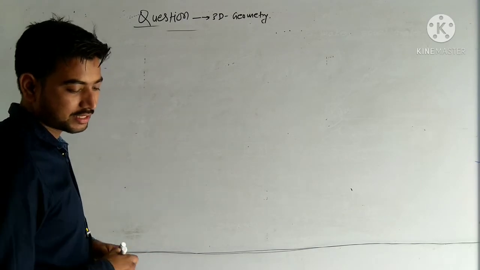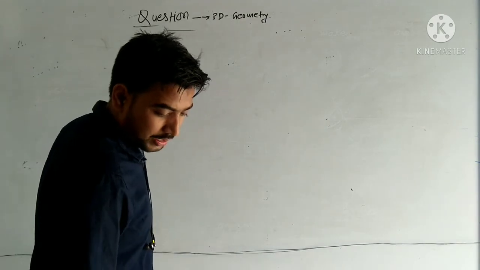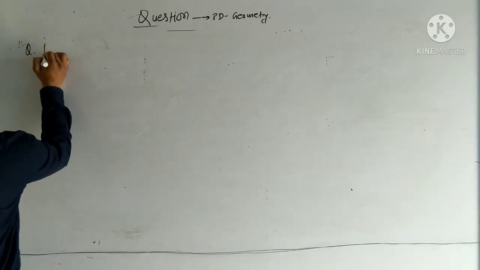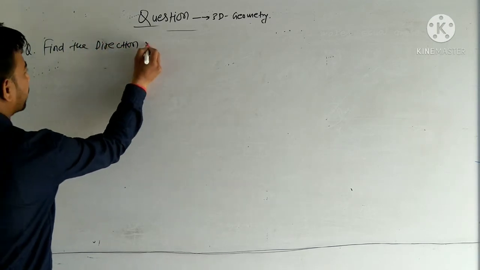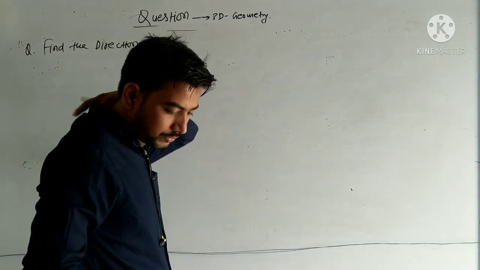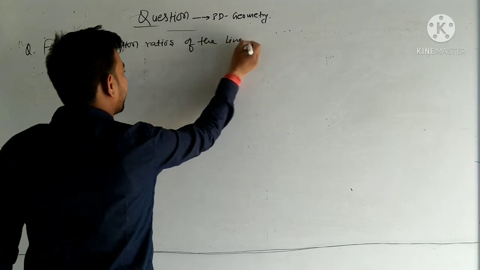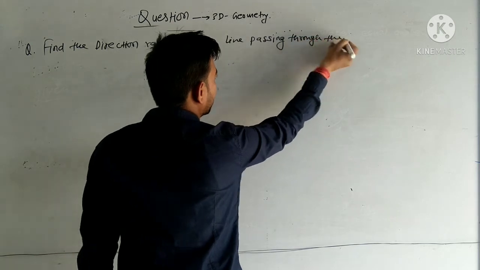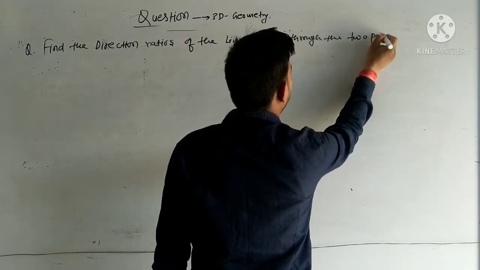If the lines has direction ratios, find the direction ratios of the line passing through the 2 points.